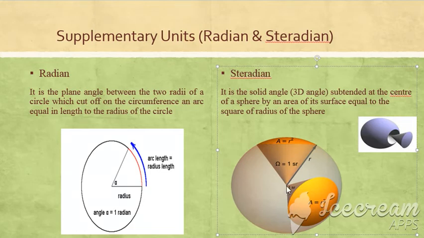You can see here that this one is the radius. When we take the square of the radius of the sphere, this will become the area of the surface of the solid angle. When this happens, then this angle will become equal to steradian.